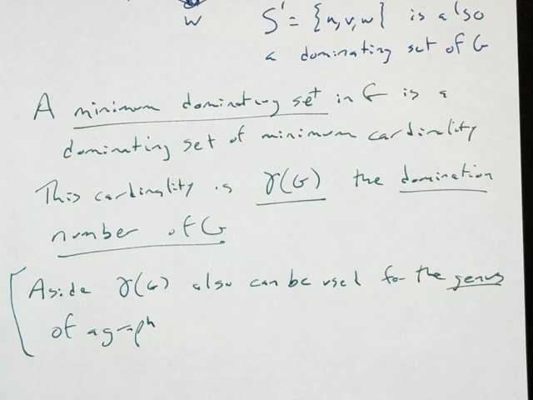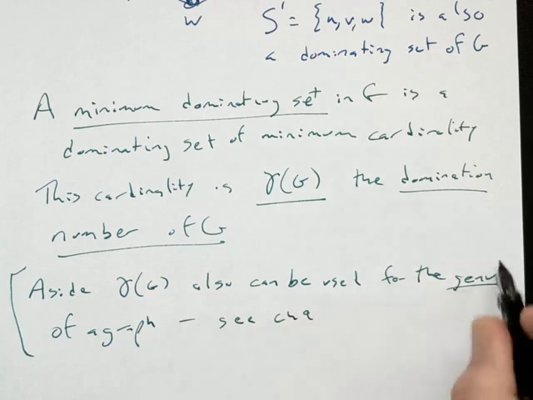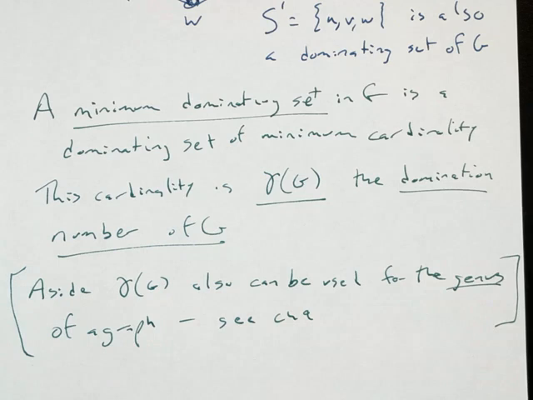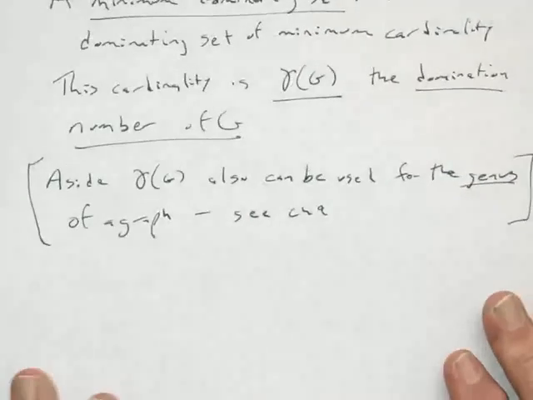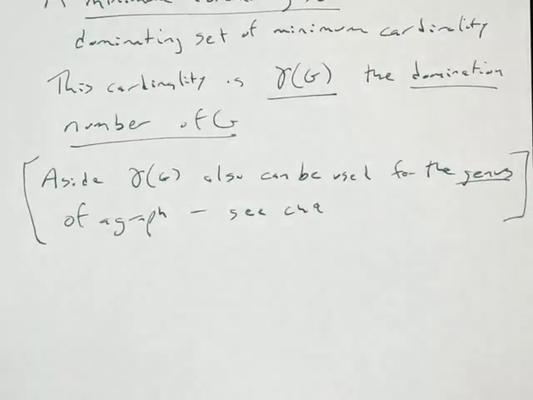But that's in chapter 9 and we skipped it. Genus is a way of measuring the complexity in terms of the way you draw the picture. So, a short diversion.